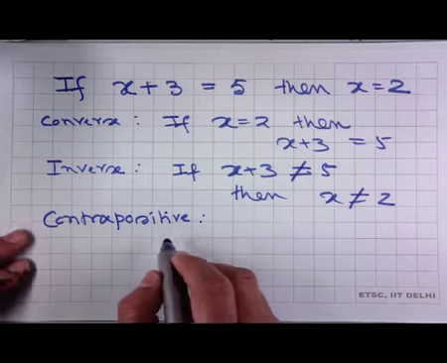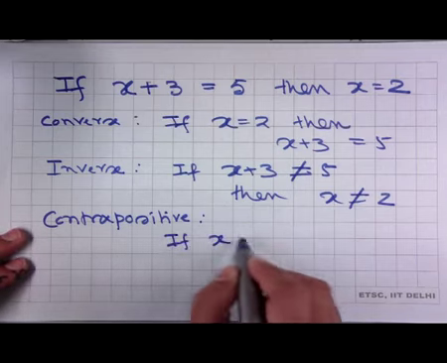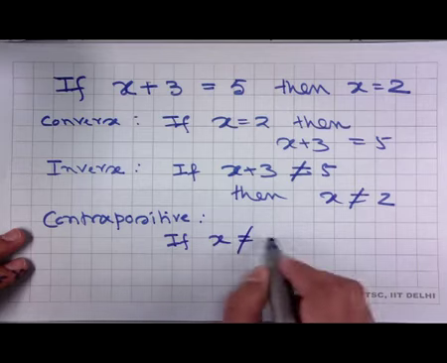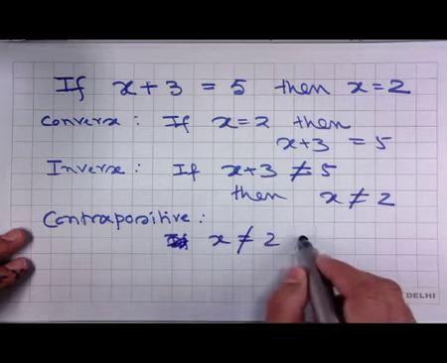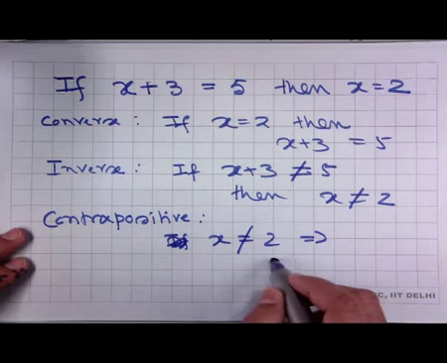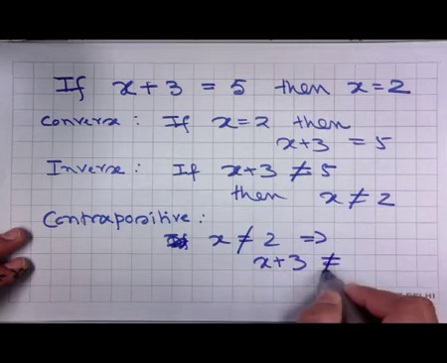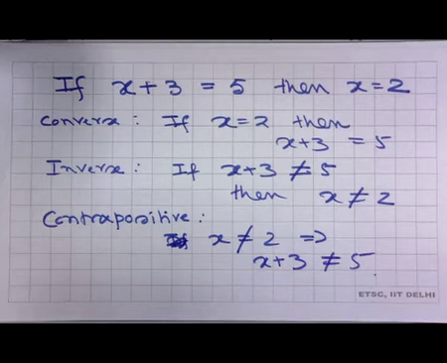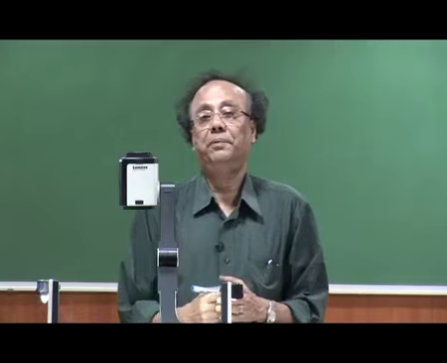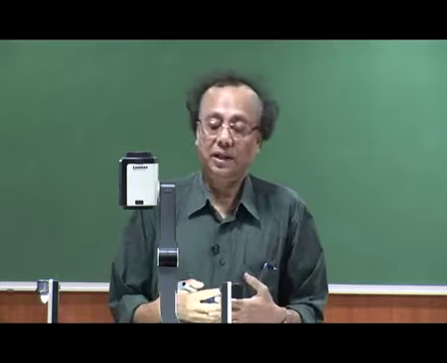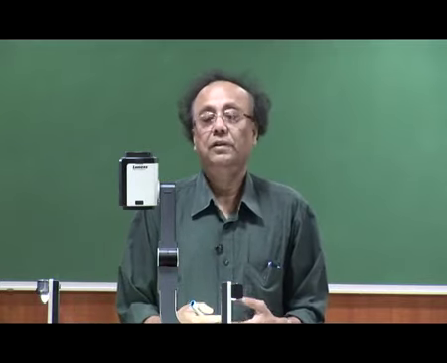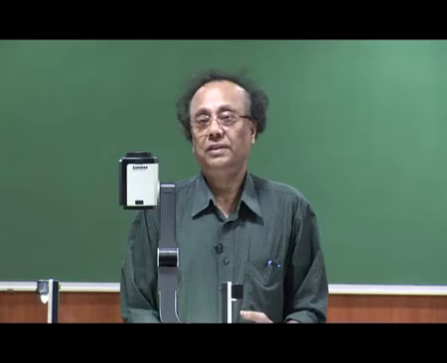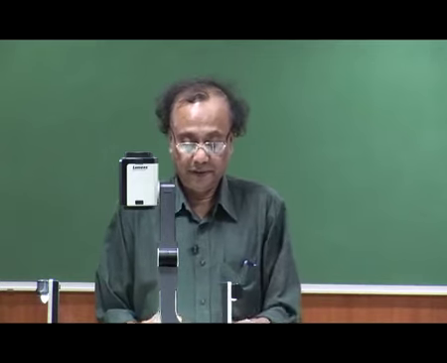It says that if x is not equal to 2, then x plus 3 is not equal to 5. So, these simple examples help us to understand the significance of contrapositive, converse and inverse.